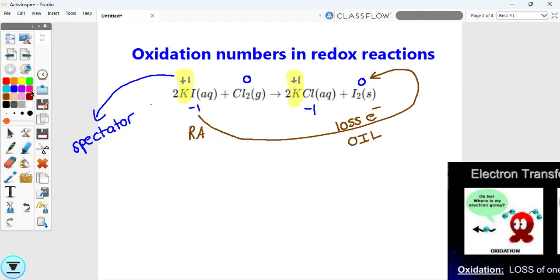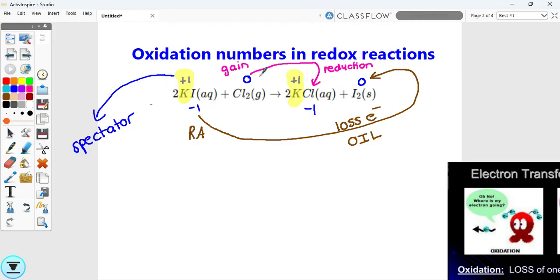Now I'm going to go to my other substance here, the Cl, or the chlorine went into chloride. So it went from 0 to -1. So that number went down, which shows us that it's reduction. And if you look at the electron transfer, it is now more negative. If it's more negative, it means it was a gain of electrons.